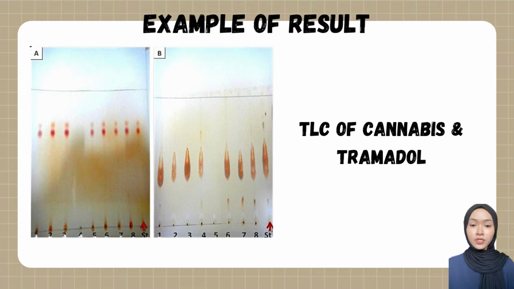This kind of result is really important in areas like forensics and toxicology, especially when identifying a known substance in biological samples or seized materials. Even though TLC doesn't give exact concentrations, it's still a quick and affordable screening tool often used before more advanced tests like GC-MS.